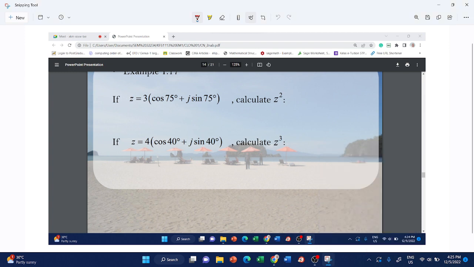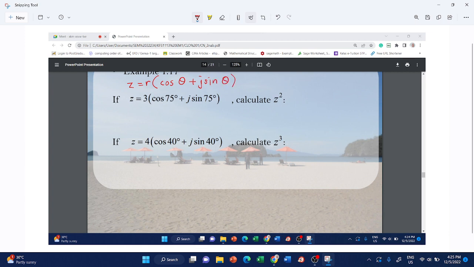Okay, we'll start with the first one. See the question that we have: r cos theta plus j sin theta.